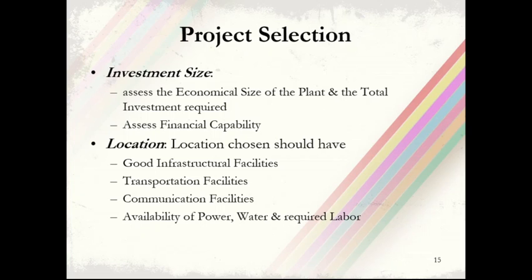The next important criterion for project selection is investment size. This is a very important criterion to decide the success or failure of the project. The entrepreneur should assess the economic size of the plant and the total investment required, and should assess his financial capability to pool in at least about 25% of the investment required for the project.